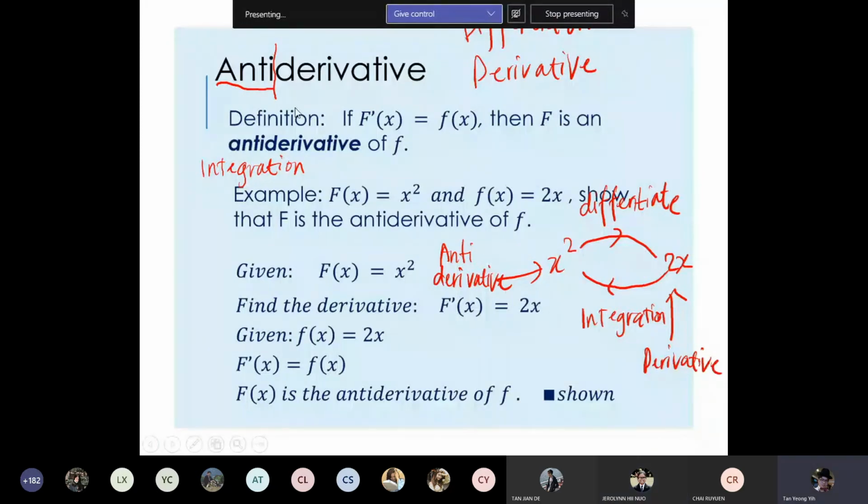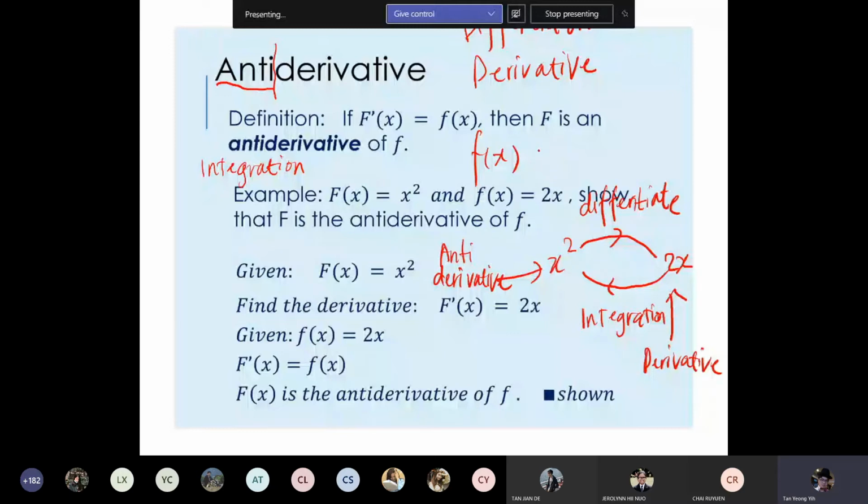Okay, so definition. Now, if F prime x equals f of x, then F is an antiderivative of f. What does that mean? It means that we have capital F of x.